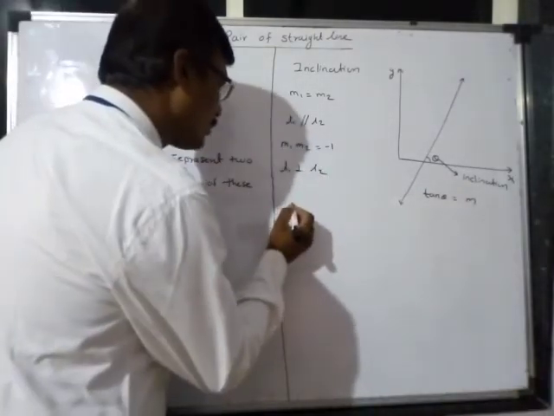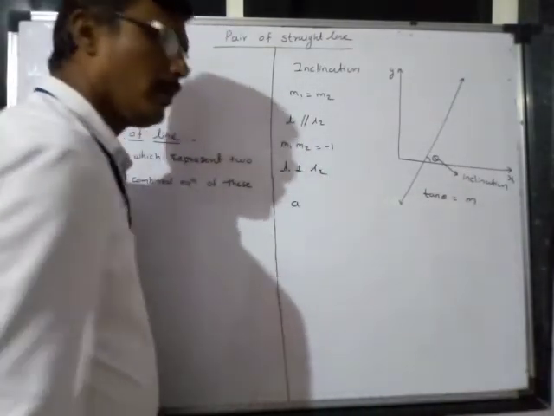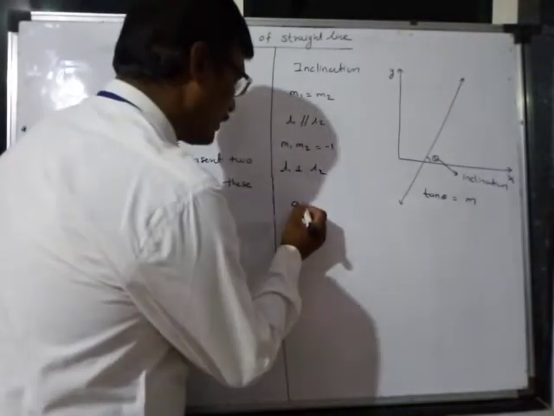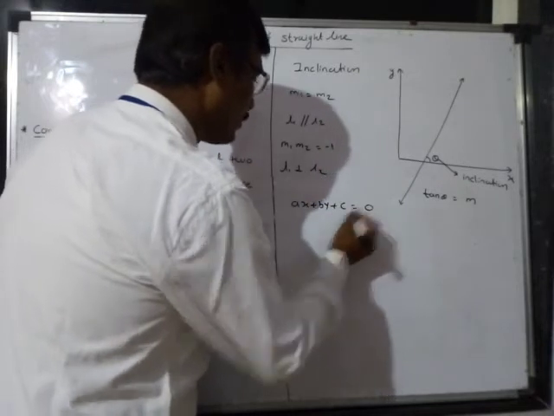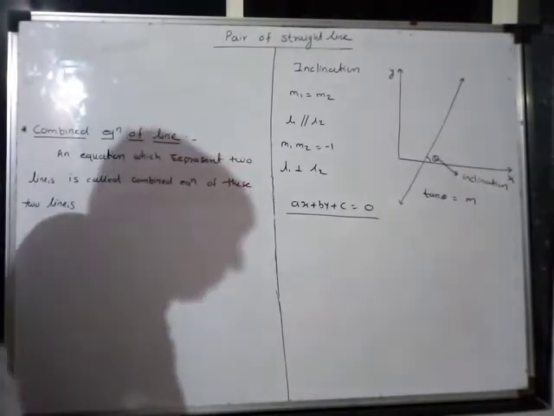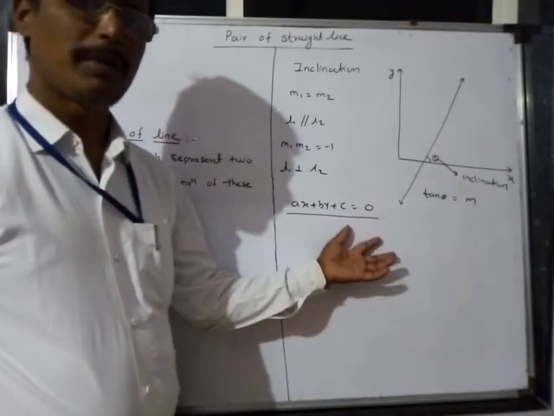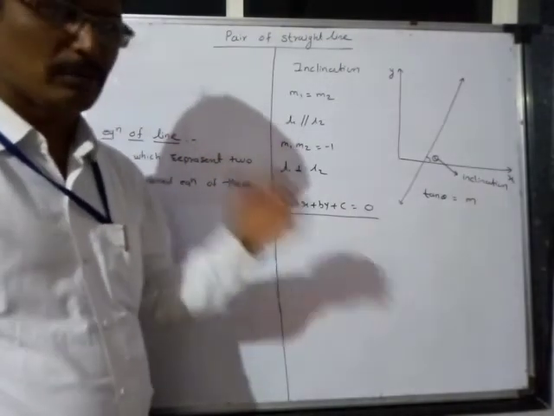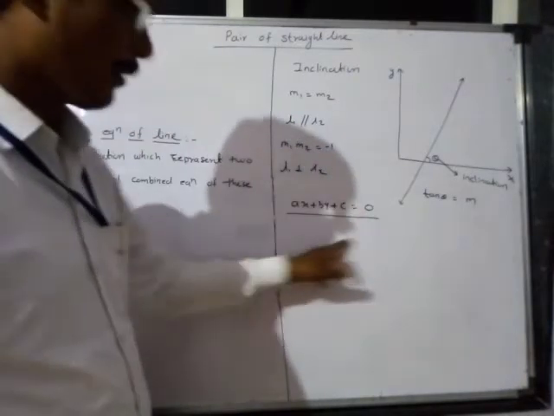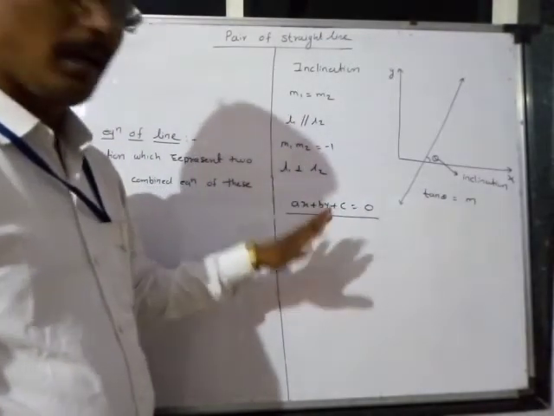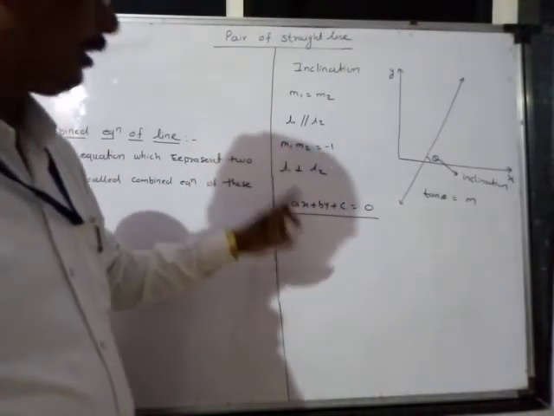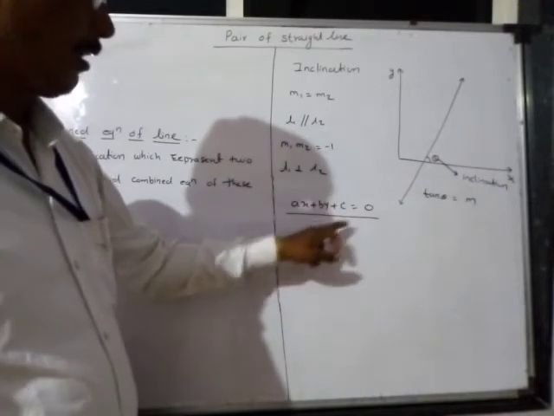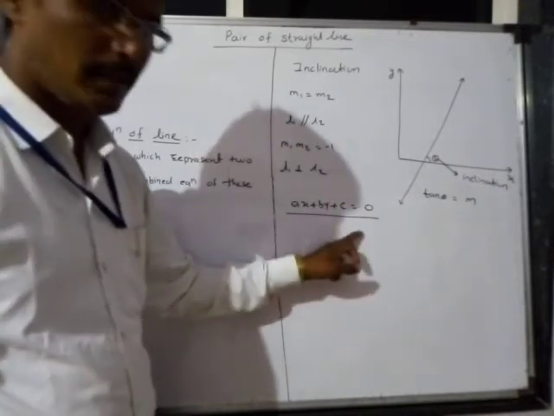The general equation of a straight line is a linear equation in x and y, that is ax plus by plus c is equal to 0, and every linear equation in x and y always represents a straight line, because the graph of this type of equation is always a straight line.